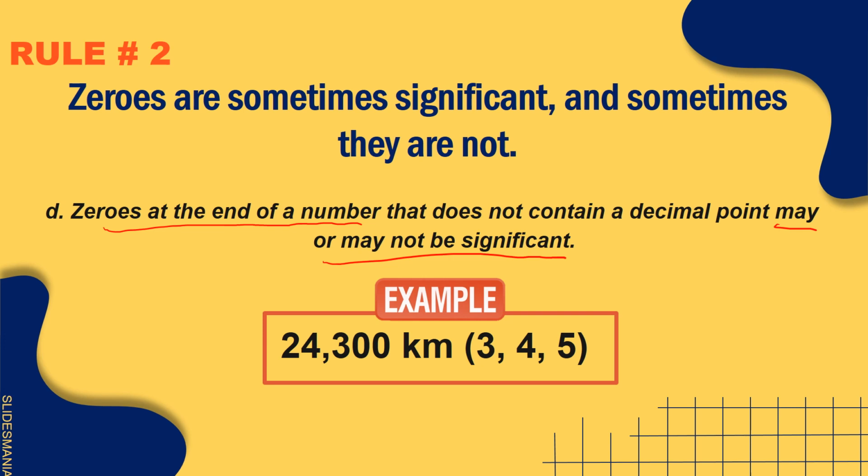So the number of significant figures here may be 3, 4, or 5, because we have 5 digits here. So 2, 4, and 3 might be significant. 2, 4, 3, 0 might be significant. And of course, 2, 4, 3, 0, and 0 might be significant.